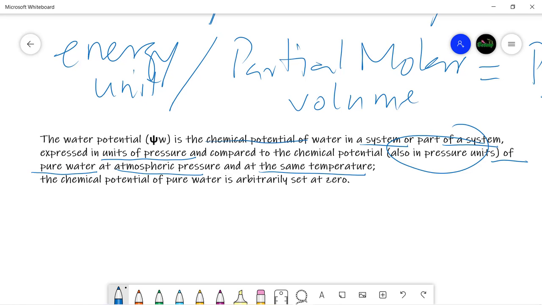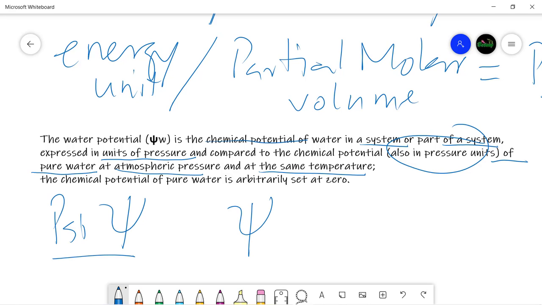It is usually given the symbol psi, the Greek letter psi.